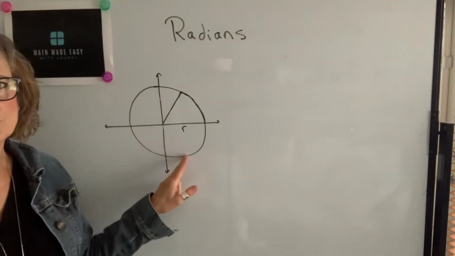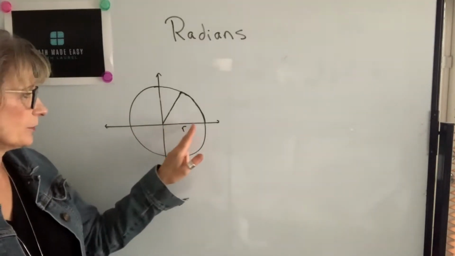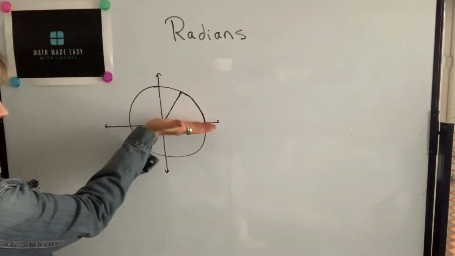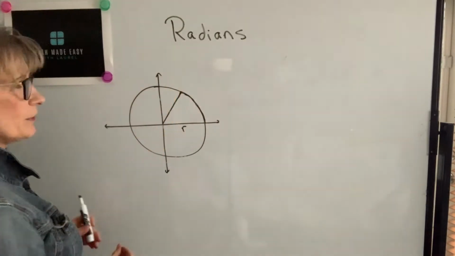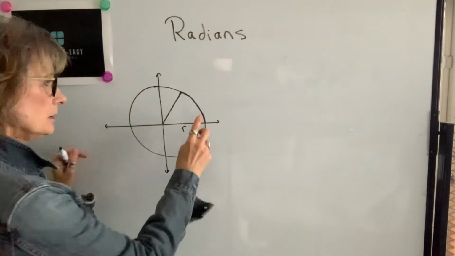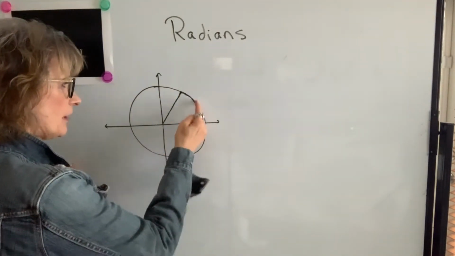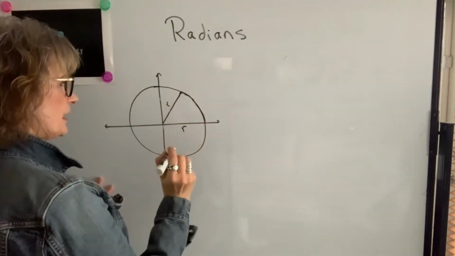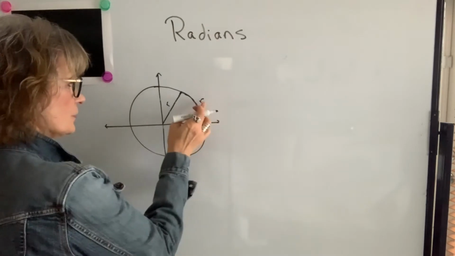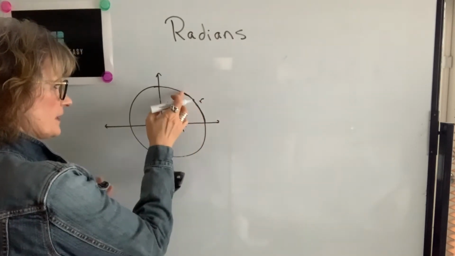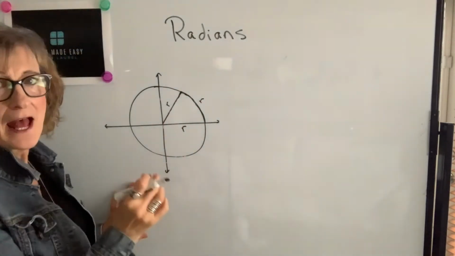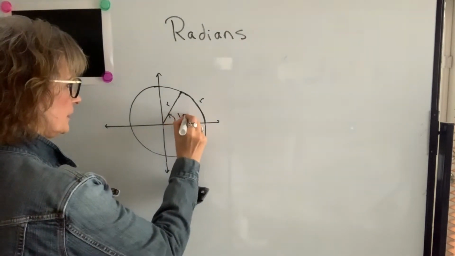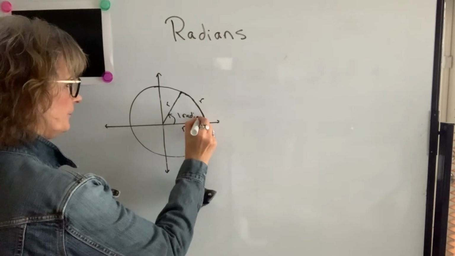We're going to start with a circle that has a radius equivalent to r. If we were to take the radius and rotate it in a counterclockwise direction until the length along the circumference is equivalent to the radius, then when that length along the circumference is equivalent to the length of the radius, that amount of rotation is called a radian.